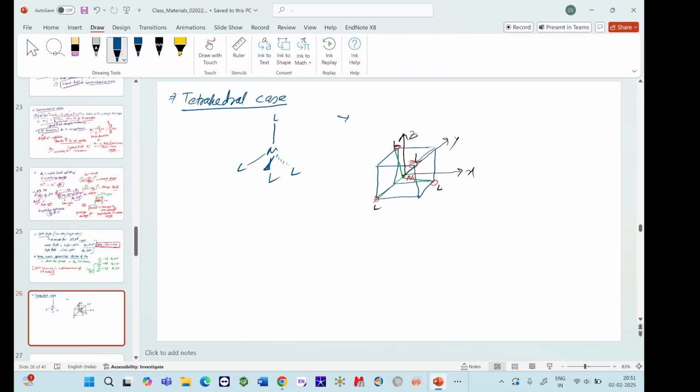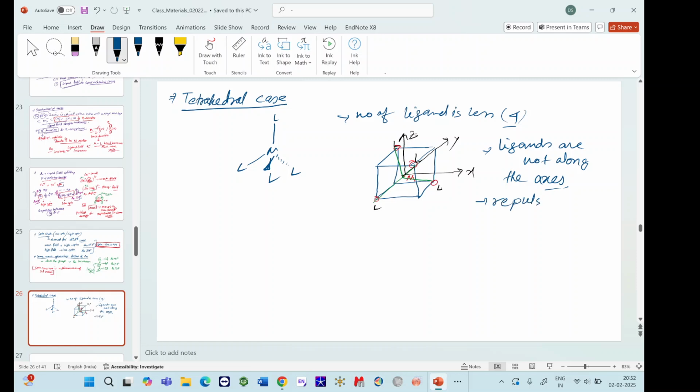There are 2 points. One is the number of ligands is less, 4, and the second point is ligands are not along the axis. So that is why repulsion is less.